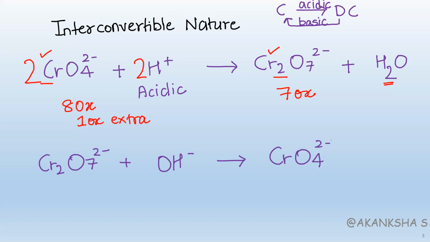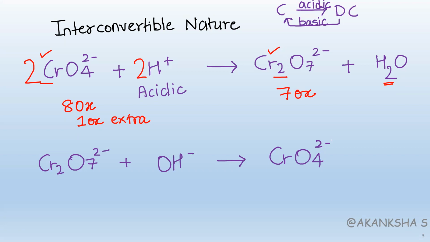And why does that happen? What is the necessity over here? The necessity over here is pretty simple actually. When we have our dichromates present, they are already in their maximum complex state. Correct? In that condition, you cannot add more protons and complexify the compound even further.